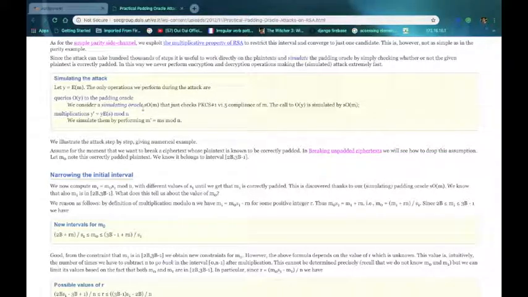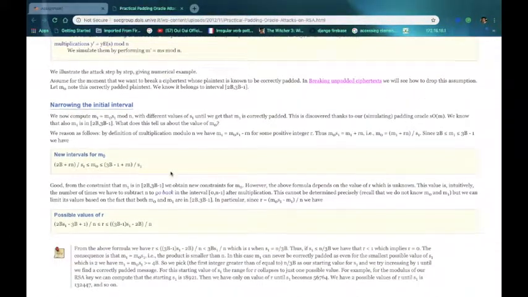But since this takes a lot of time, what we are going to simulate here is, we do not go into the encryption decryption scenario at all. So we are working only with the messages and not the ciphertexts. Our oracle is a simulating oracle which takes in the message itself and does not do any kind of decryption before telling us whether the message conforms with the PKCS standard.